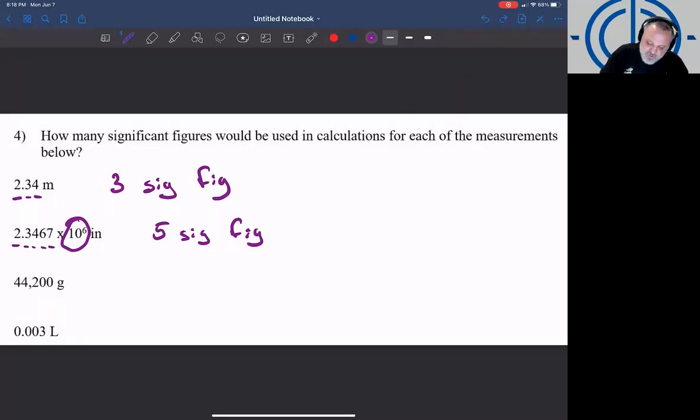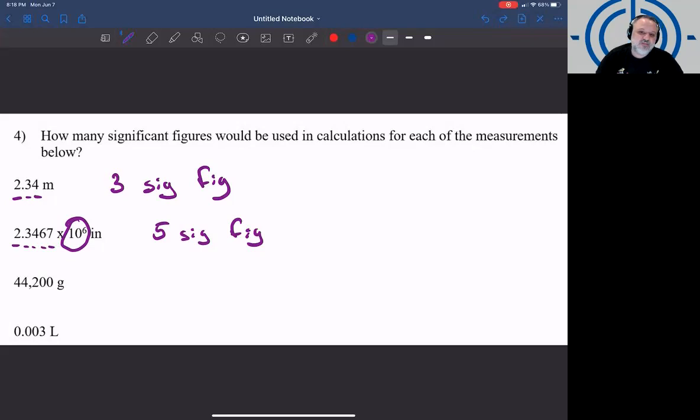Maybe the instrument only has precision at this zero. Maybe the instrument has precision at that zero. We don't know because the author didn't indicate it. They could have put a decimal point there to indicate it, or maybe used a line above it. Whatever the case is, it's ambiguous.